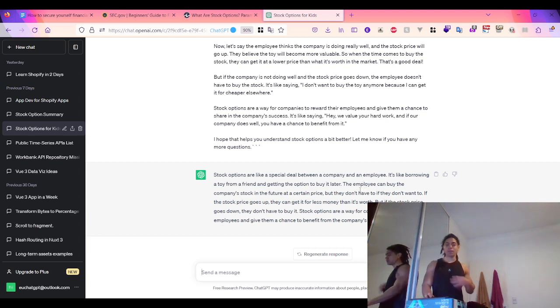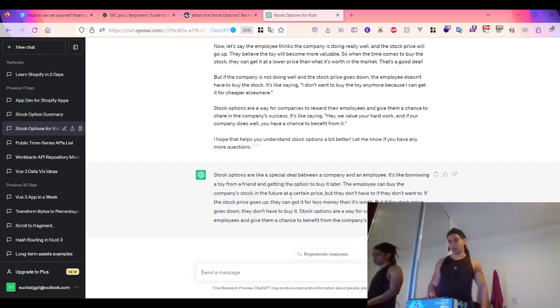Again, it is a right, but not an obligation. So if the company stock price goes up, they can benefit from it. But if not, they don't have to buy it. Stock options are a way for companies to reward their employees and give them a chance to benefit from the company's success.